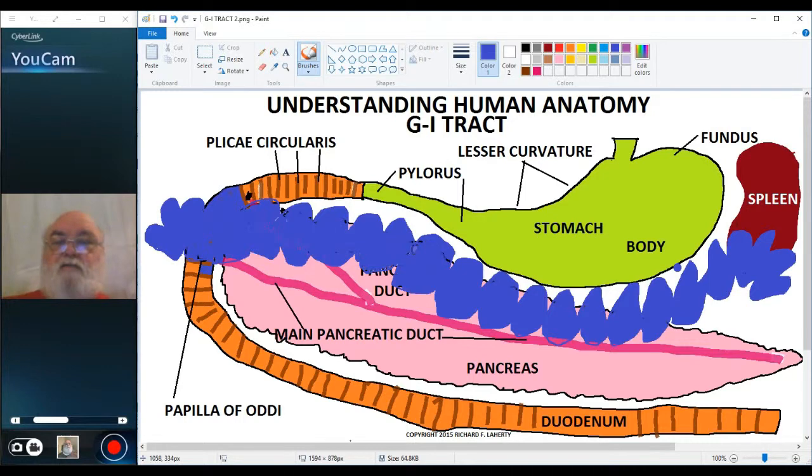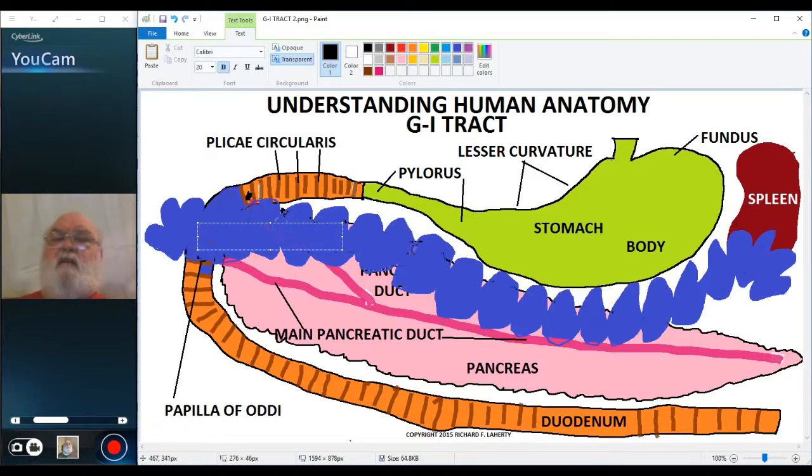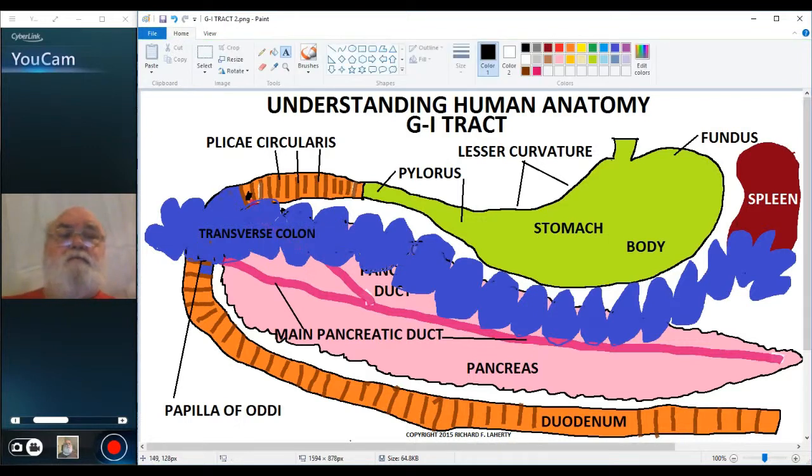There, that's got the transverse colon colored in. And let me add a label here. Like so.